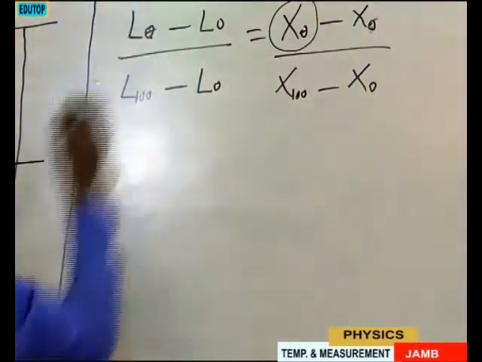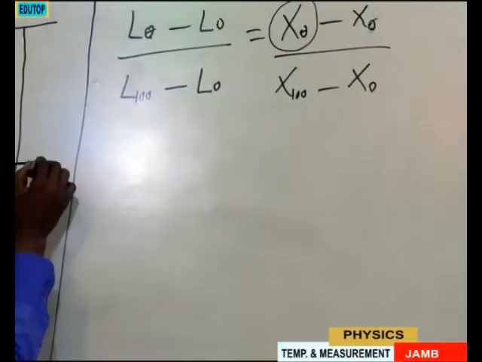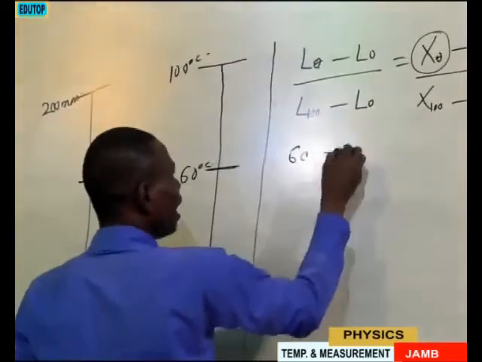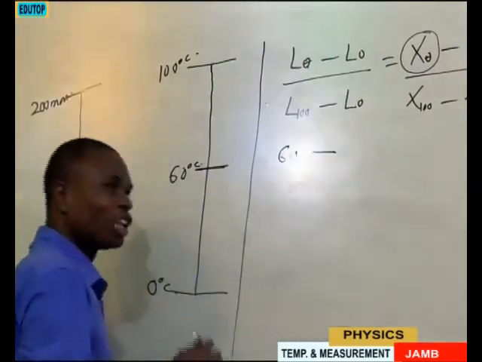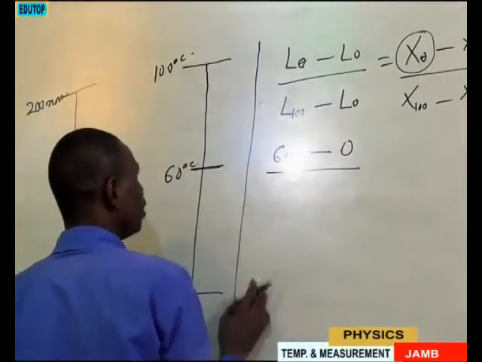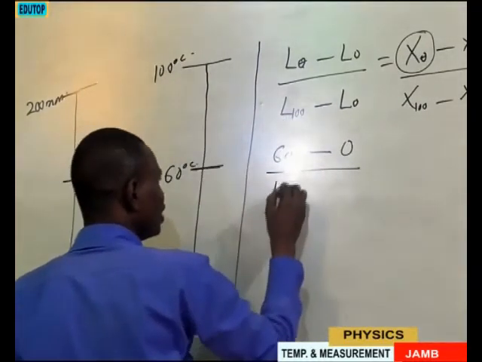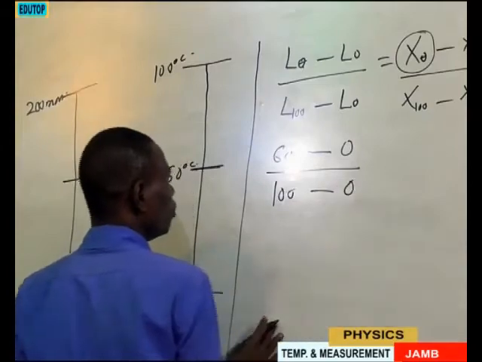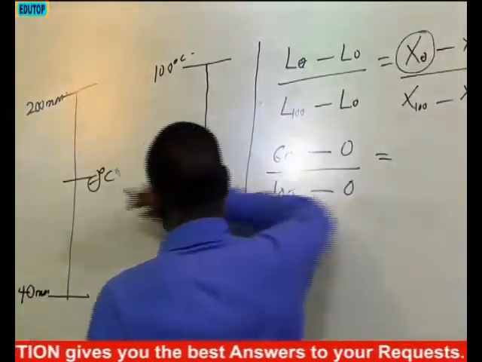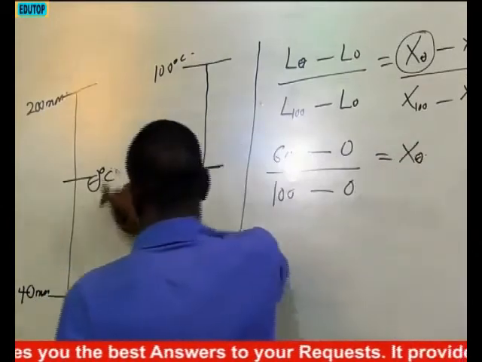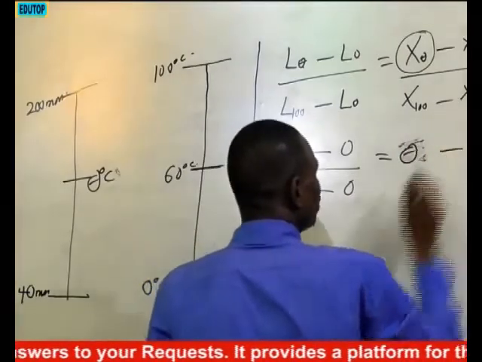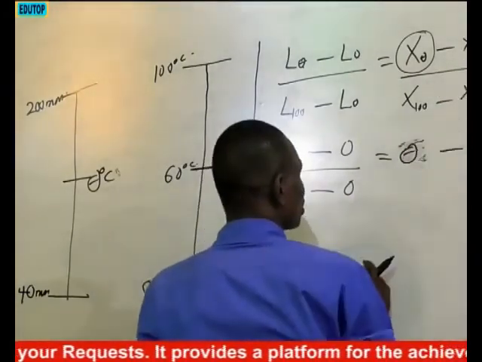L theta is the reading on the thermometer, which is 60. 60 minus L naught. L naught is the lower fixed point, that is 0. L 100 is the 100 itself, minus 0. Then let's look at this. This is the value we are looking for, which is theta, so theta minus x naught.